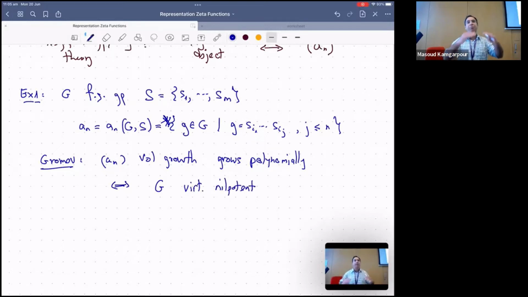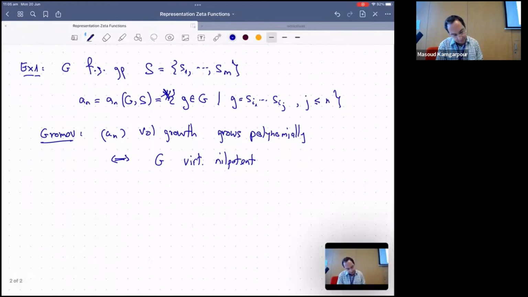So virtually means up to finite index. So G may be not nilpotent, but it contains a finite index subgroup which is nilpotent. So this is an example of an algebraic result that depends on just the growth of the sequence. If things grow polynomially, then the group is virtually nilpotent.